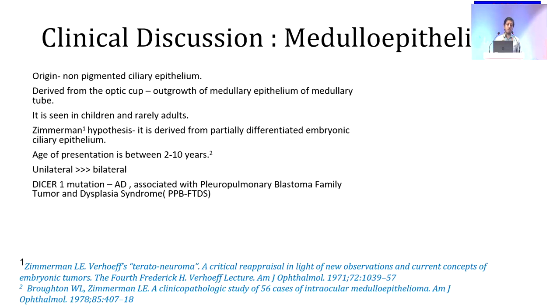Medulloepithelioma is a rare differential originating from non-pigmented ciliary epithelium derived from the optic cup, and it is seen in children and rarely in adults. Zimmerman hypothesis suggested that it is derived from partially differentiated embryonic ciliary epithelium. It is more commonly unilateral, as in our case, and DICER1 mutation can be associated with a few syndromes.